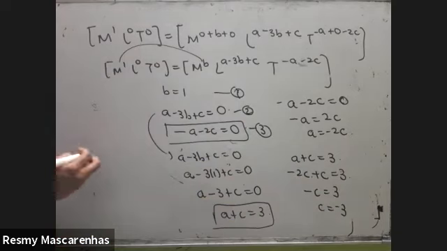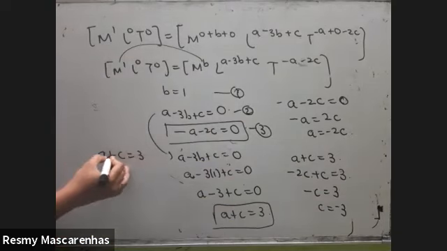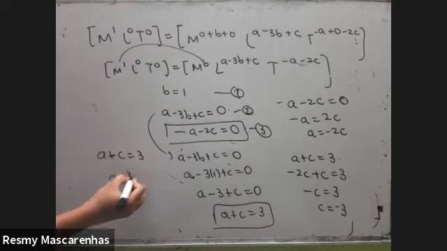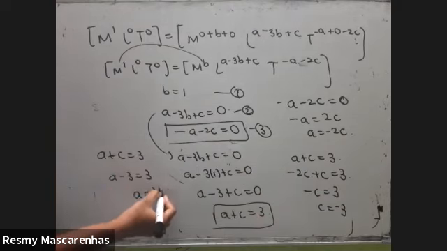And now take any equation, put the value of C as -3. A will be 3 plus 3, which is 6.